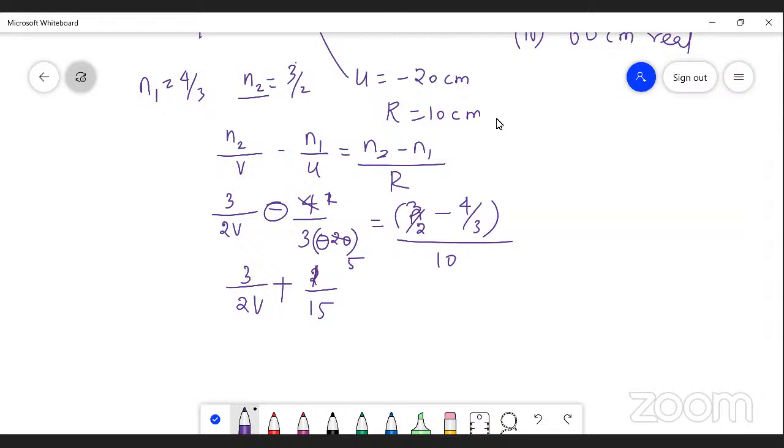What is our N1 value? N1 value is equal to 4 by 3. This is 1 times, this is 5 times 1 divided by 15, which is equal to 9 minus 8 whole divided by 60, into 10, which is equal to 1 divided by 60.